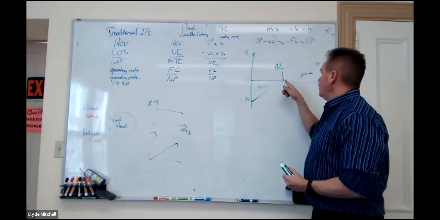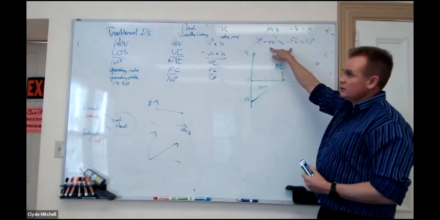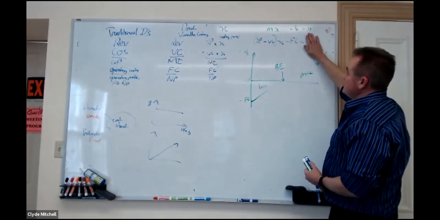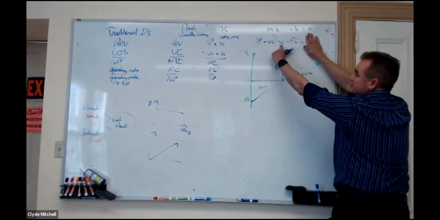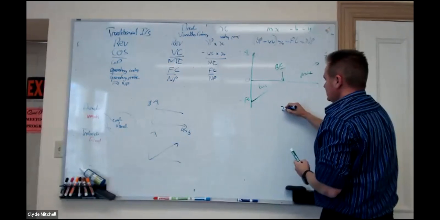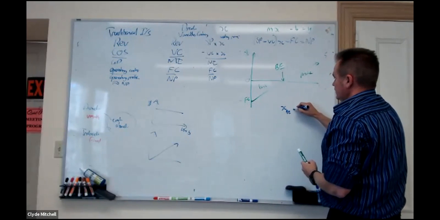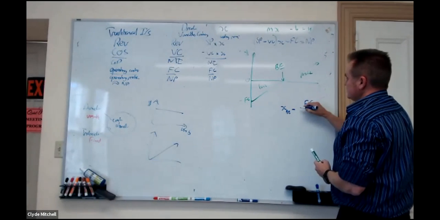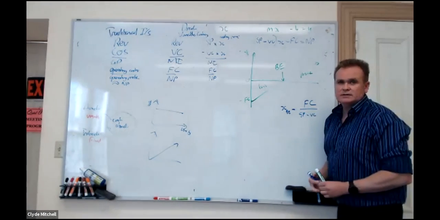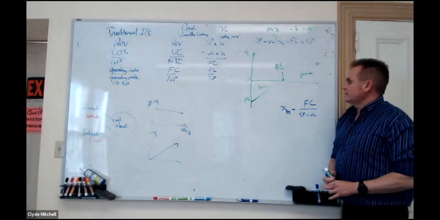How do we know what amount that is? Well, if we take that equation and we make profit equal to 0 and we solve for X, this is the break even. So X break even is equal to fixed costs divided by selling price minus variable costs. So that is your break even point.